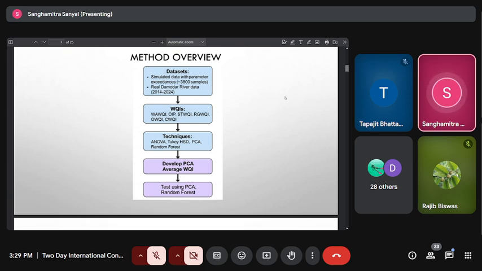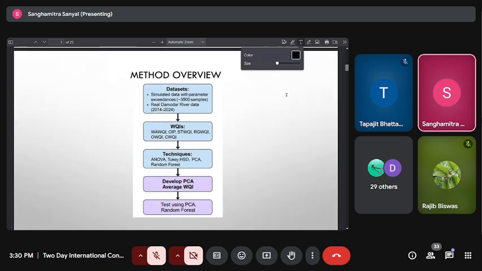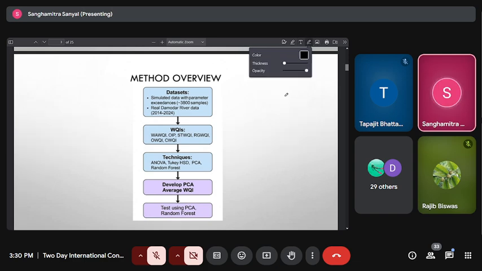For the simulated data set, I have these various parameters, say x1, x2, x3, x4, etc. For the first 100 data columns, I varied these data randomly between their minimum value and their maximum value according to IS 10500, the drinking water quality standards of India.